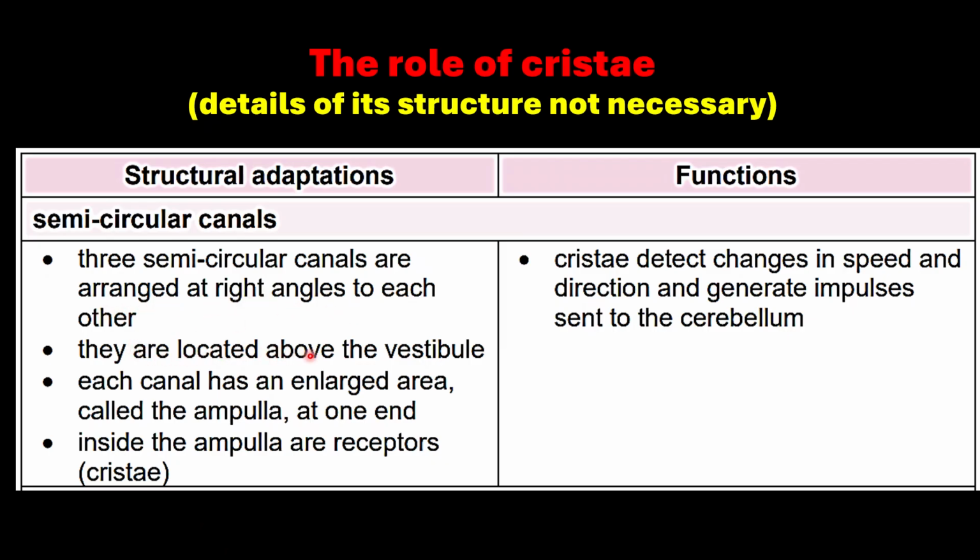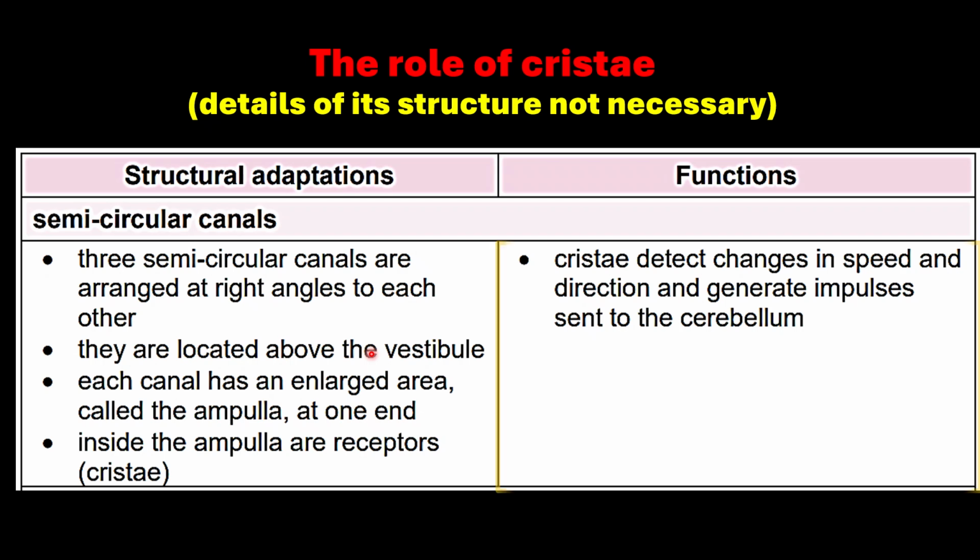They are located above the vestibule, and each canal has an enlarged area. That enlarged area is called the ampulla, and that is at one end. Then inside the ampulla, there are receptors. These receptors are called cristae.